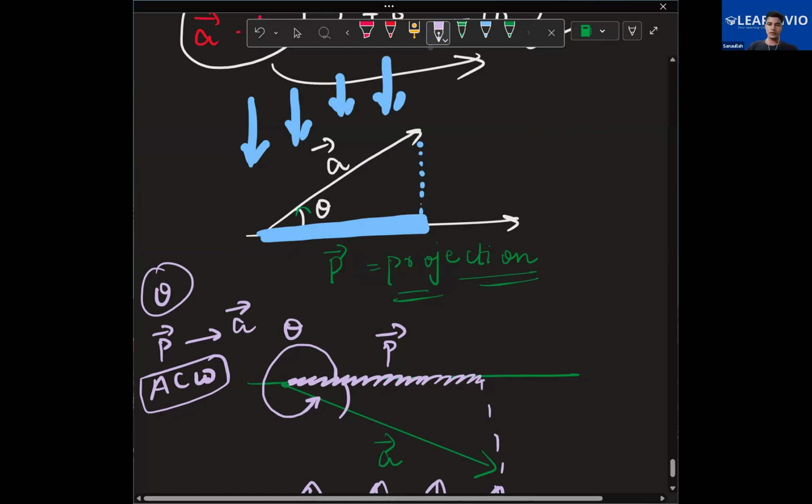Okay, once you get this, you know this is your projection. So what you have to find is the length of this projection. What will be the length of this? Can you write P vector as magnitude of A cos theta? Apply the cos theta.